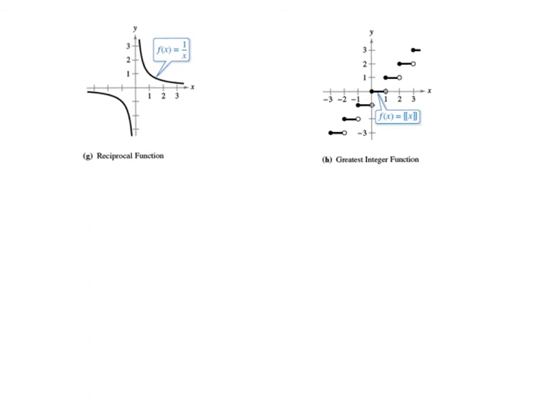Reciprocal. Sometimes we call it rational. It's basically one function divided by another. The thing to see there for a little preview: right here, they have these vertical and horizontal lines where the curve approaches but never touches. Those are called asymptotes.